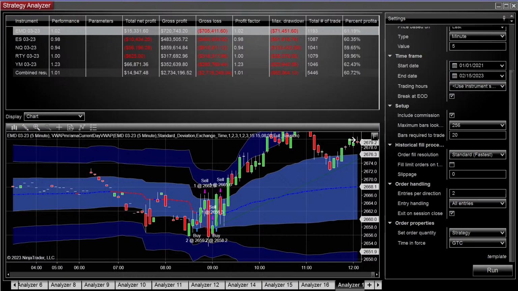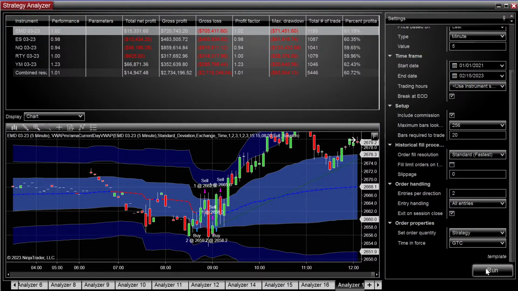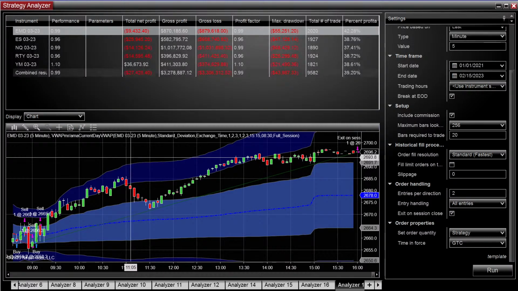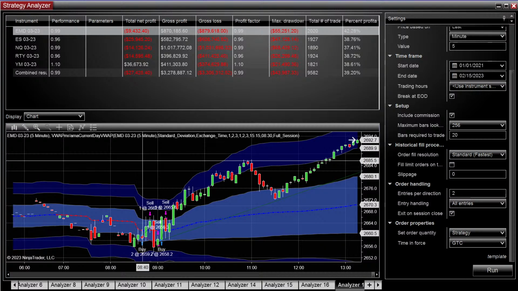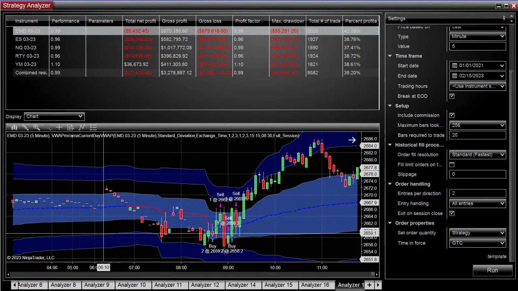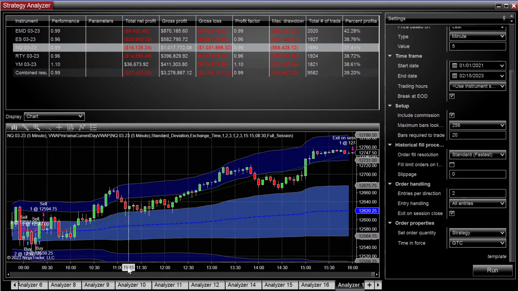Cross below the lower band, remember long, exit entire position. Let's see, I'm not sure where that one was.